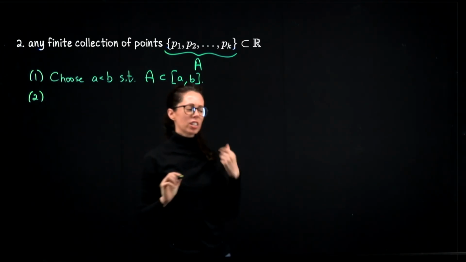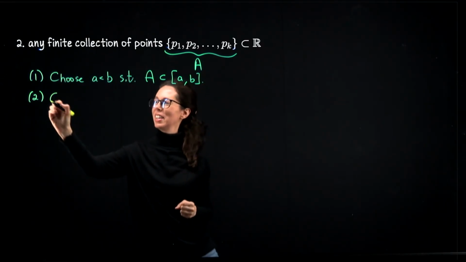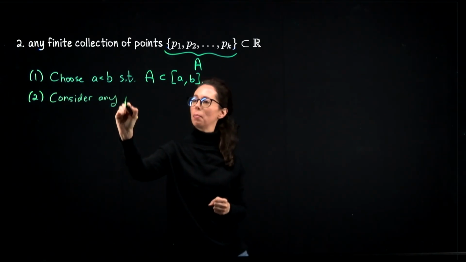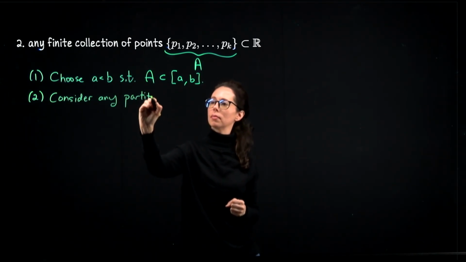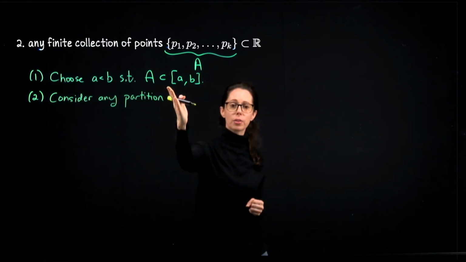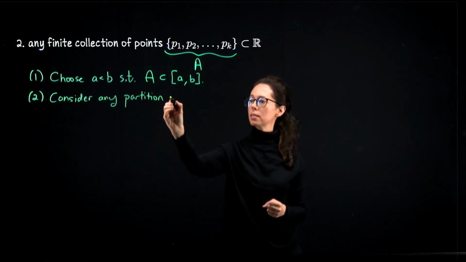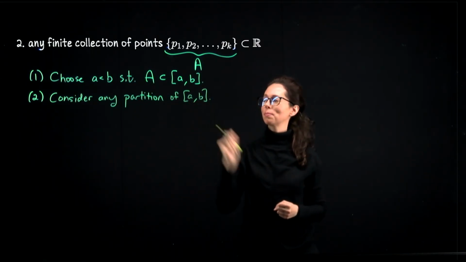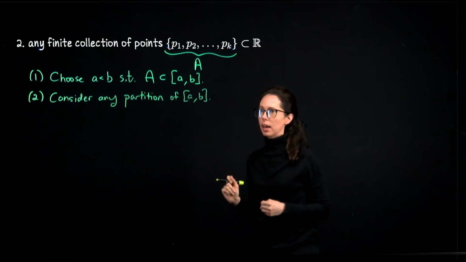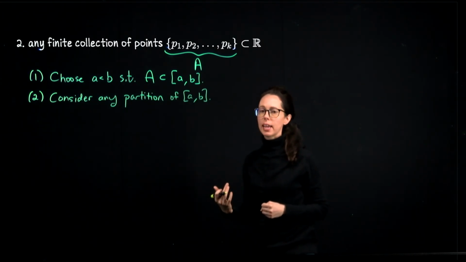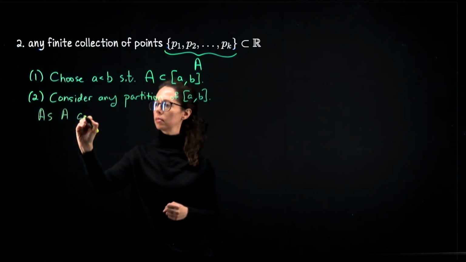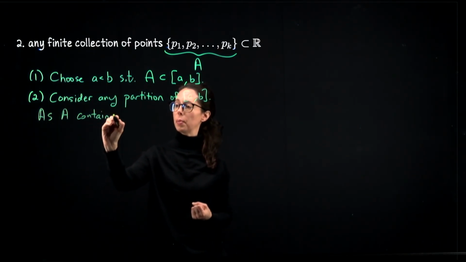Consider any partition of this enclosing rectangle, or interval in this case. As the set capital A contains no intervals, an interval would have uncountably many points.